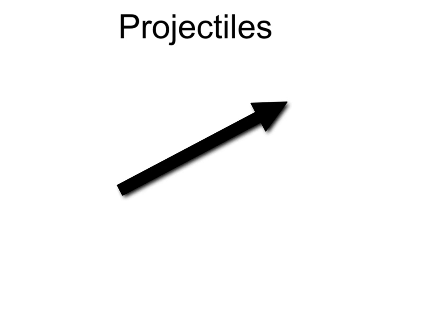So let's recap resolving vectors into two components. If this black arrow represents a vector, we can split it up into a horizontal component and a vertical component.